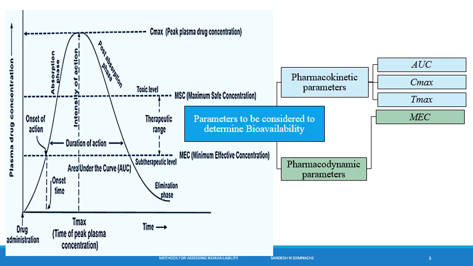Some pharmacodynamic parameters we also want to study to determine the bioavailability, like MEC and MSC. MEC is the minimum effective concentration. This is the concentration above which the drug produces its pharmacological action, and below the minimum effective concentration, that range we call the subtherapeutic range.